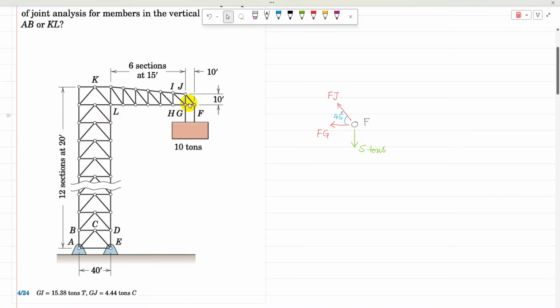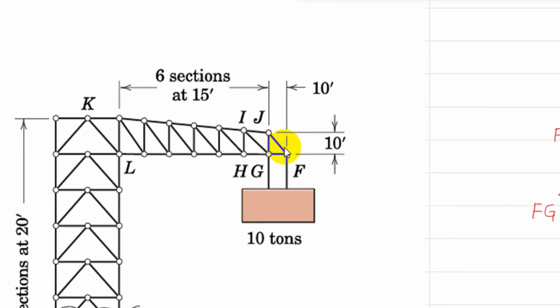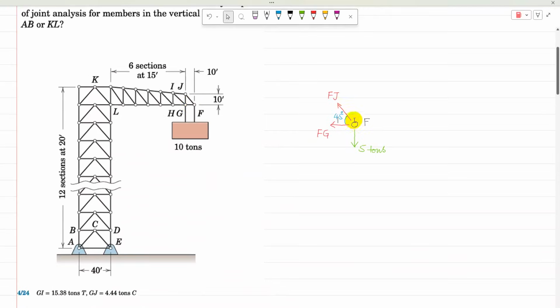The triangle JFG is an isosceles triangle, because JG is 10 and GF is 10. So both angles GJF and GFJ are 45 degrees, and FJ's angle with the horizontal is 45 degrees.